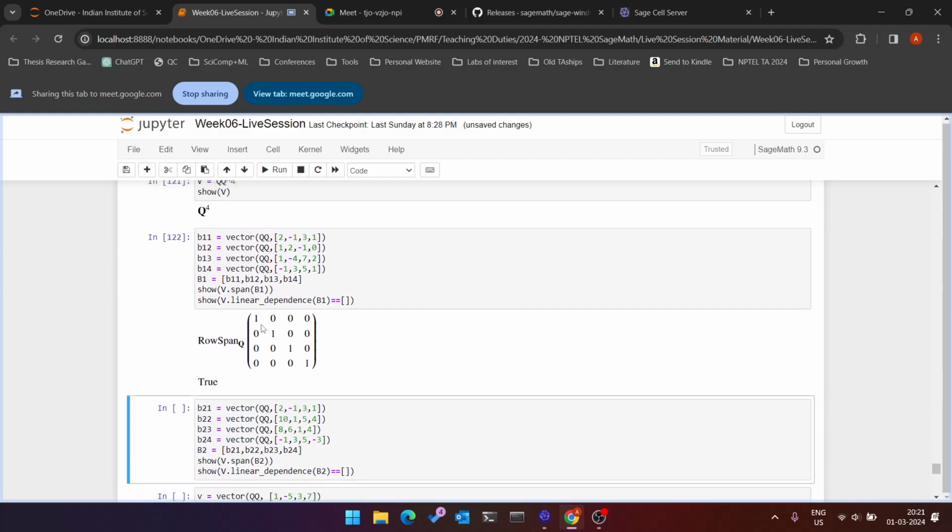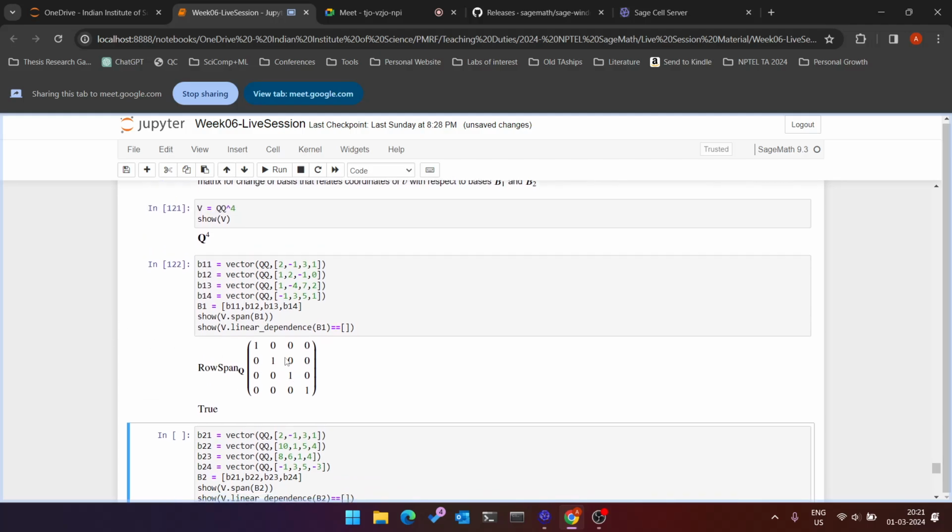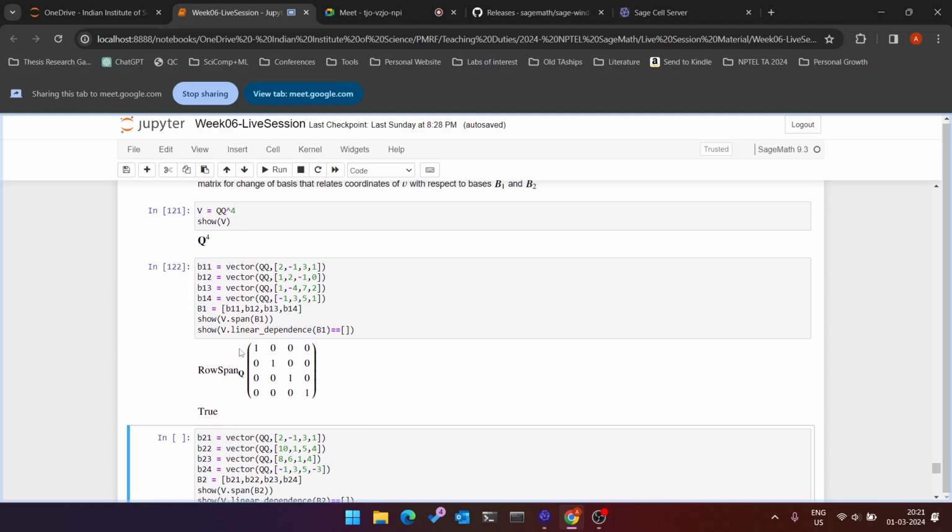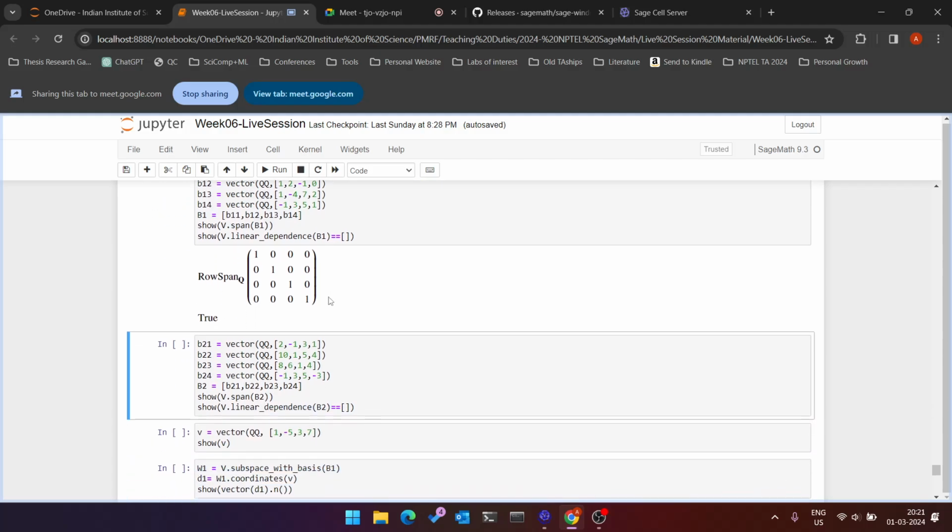So the span of B1, as you can see, turns out to be an identity matrix, 4 by 4. So any vector in V, which is say of the form A, B, C, D, can be written as A into first row plus B into second row plus C into third row and so on and so forth. So we can write any vector in V using the basis B.